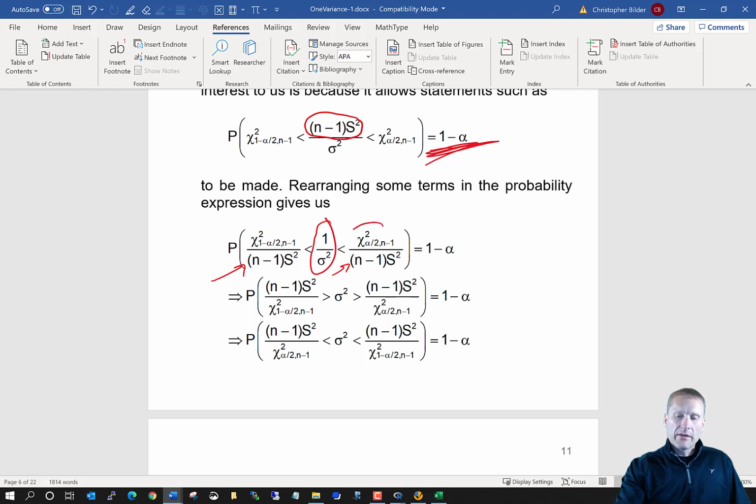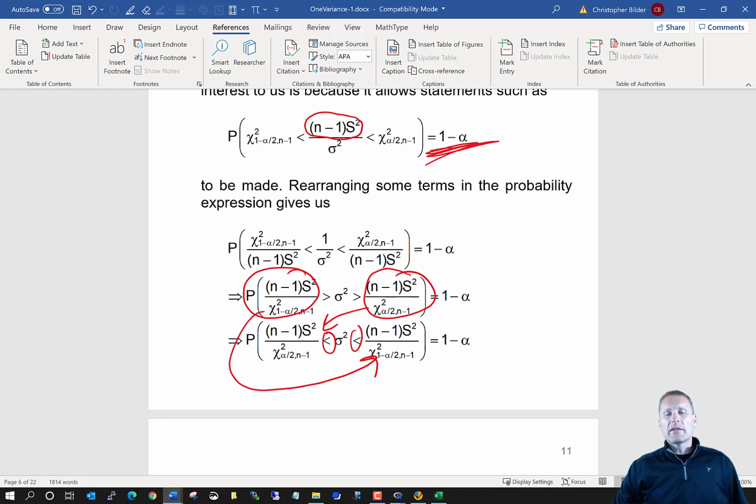When I do that, I need to also flip the corresponding quantities here, and based upon what you learned in algebra class, you're going to need to flip the inequality signs as well. Well, let's get this back in a place where I have the correct lower number and the correct upper number. So I'm going to put this down here, put that up here. Now I can reverse my inequality signs, and I get this nice little statement.